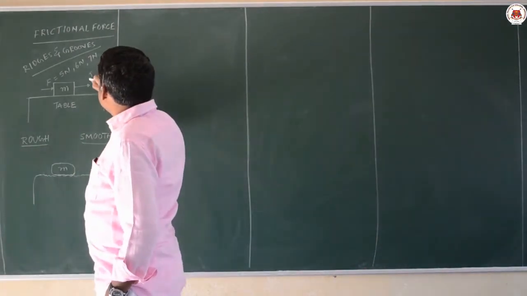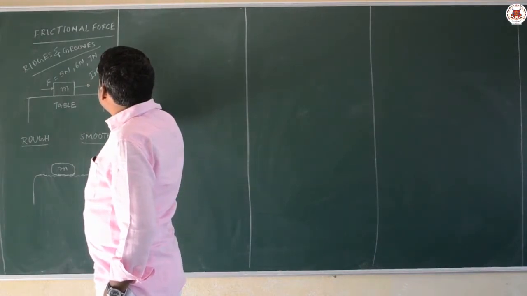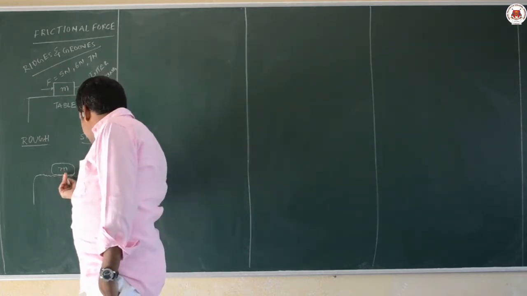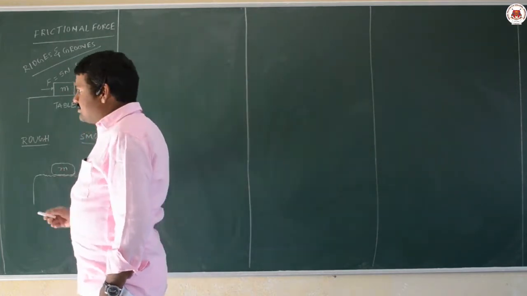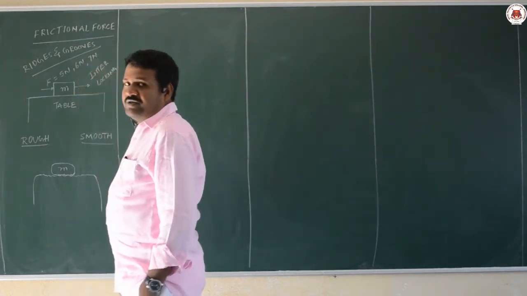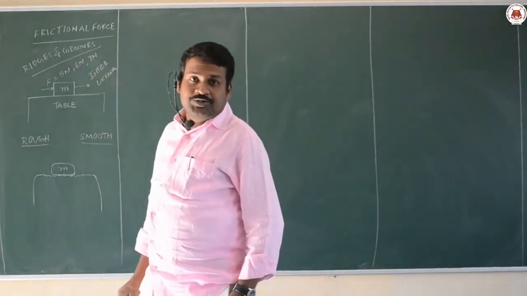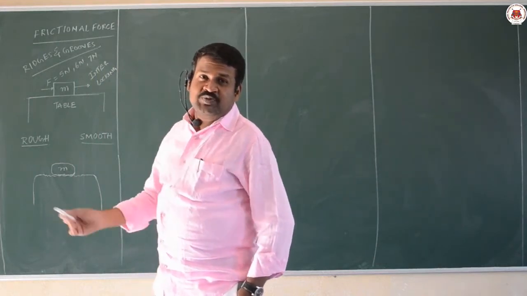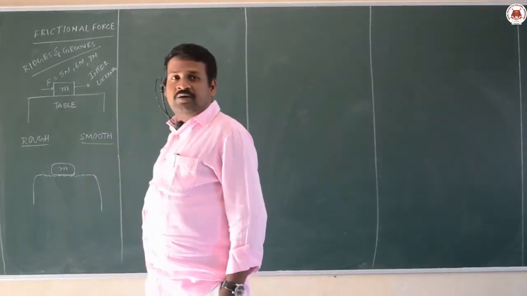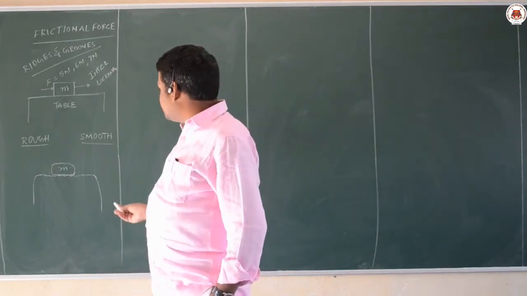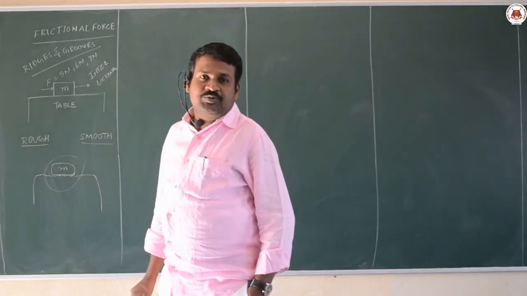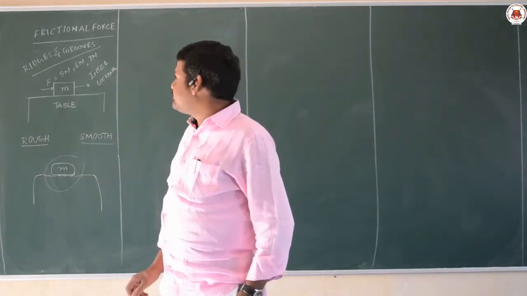Interlocking will take place. Due to that interlocking, it is locked here. So due to that, there exists friction. So friction is the force which does not allow the bodies to detach from each other when they are in contact. That is because of the ridges and grooves which we can observe in the microscopic view.